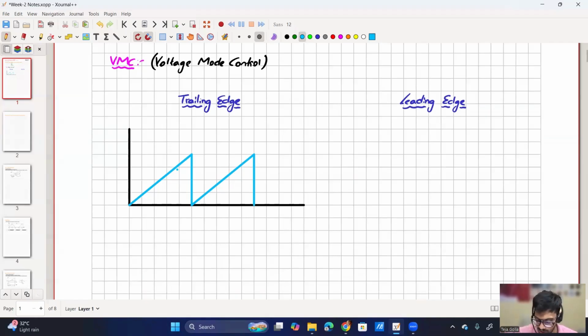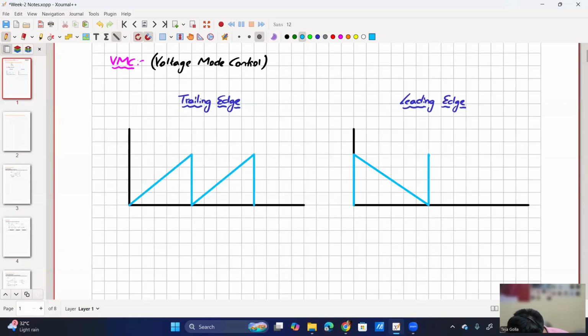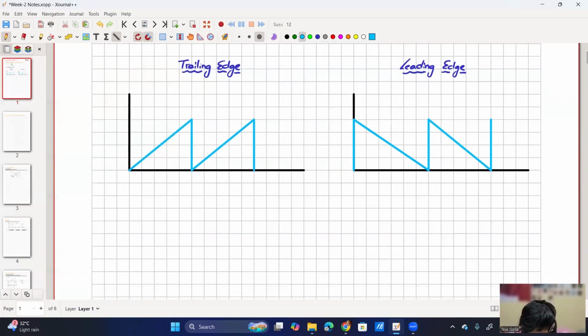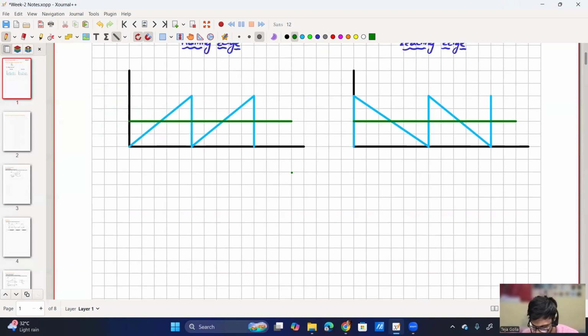Let me draw it again. That would be good. So as you can see, the sawtooth is different in either of these cases. Now I'm considering the control voltage to be something like this, and now let us draw the gate pulse output of this.